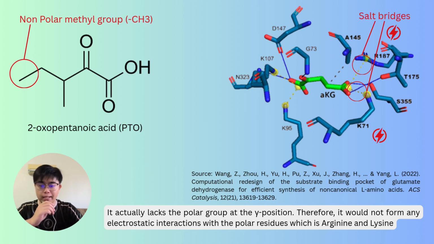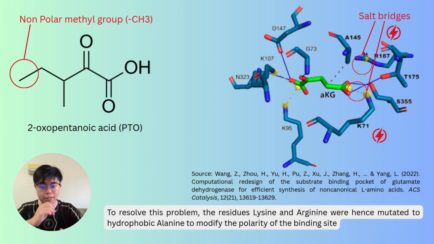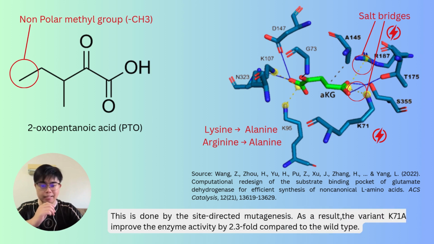Therefore, it would not form any electrostatic interactions with the polar residues, which are arginine and lysine. To resolve this problem, the lysine and arginine residues were mutated to hydrophobic alanine to modify the polarity of the binding site. This is done by site-directed mutagenesis.